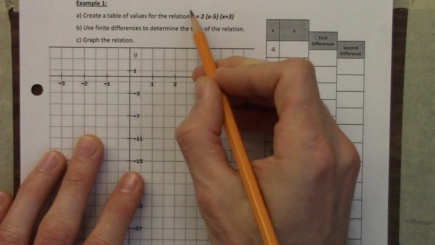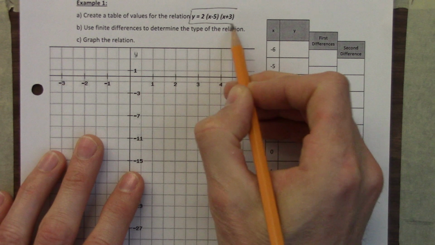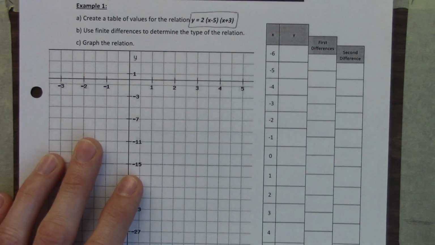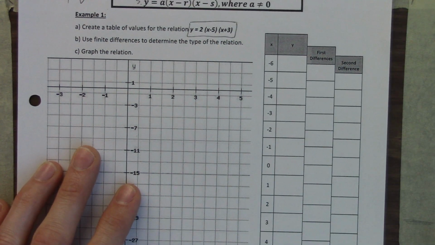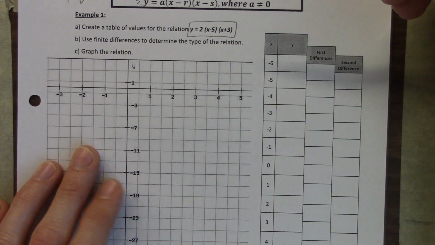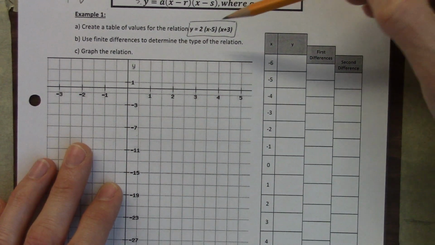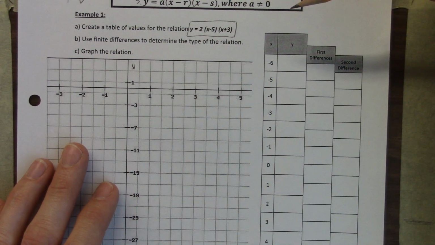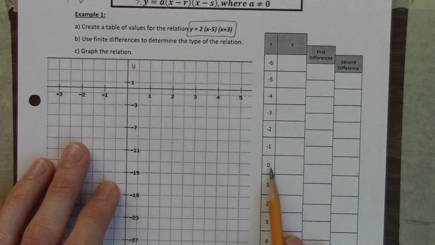Here's the formula. What am I going to do? You can start off with 2 at 0. What do you mean? Yeah, on the table. Here? 0? You want to start here?